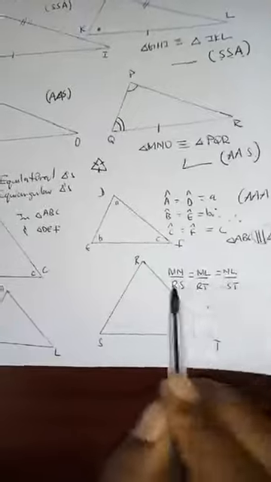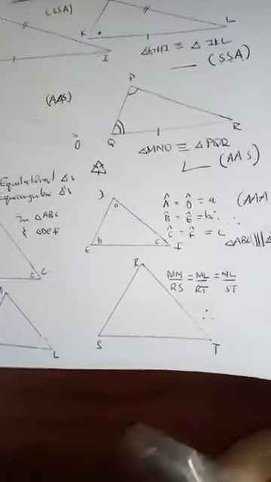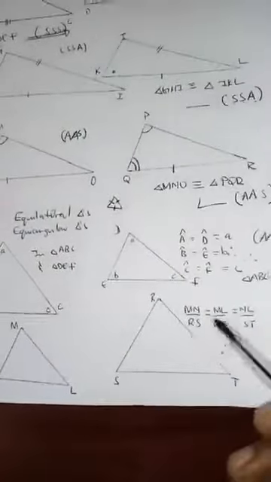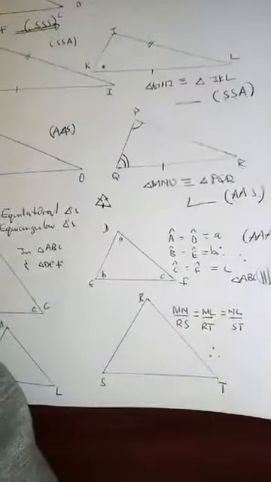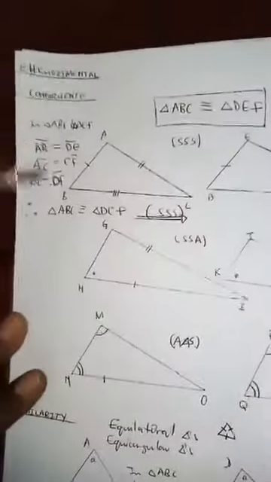So the angles have to be equal, or the sides should be in equal proportion. Look, the triangles don't need to be of equal size as in congruence. With congruence, you need sides to be equal, but with similarity, you don't need that.